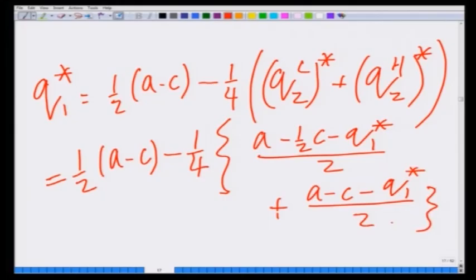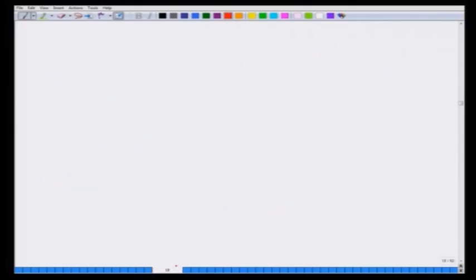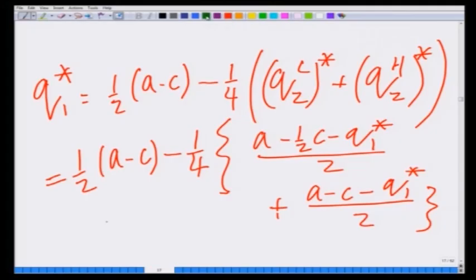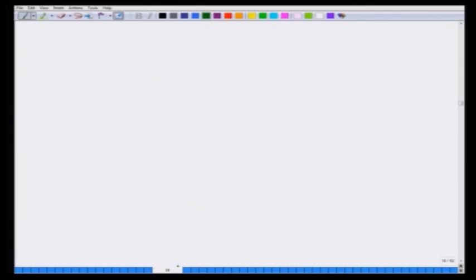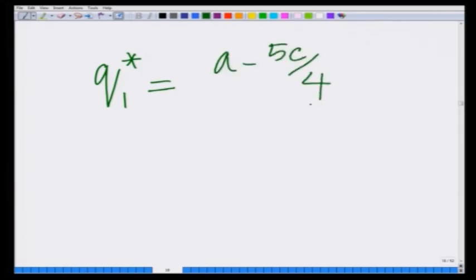So, we get an equation in Q1 star, and by solving this one can obtain Q1 star equals (A minus 5C by 4) divided by 3.